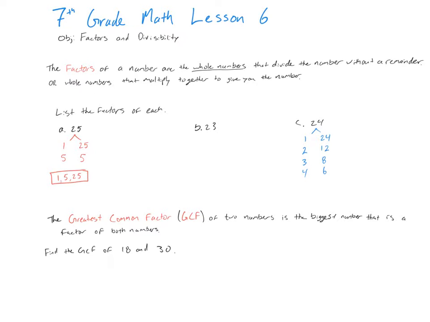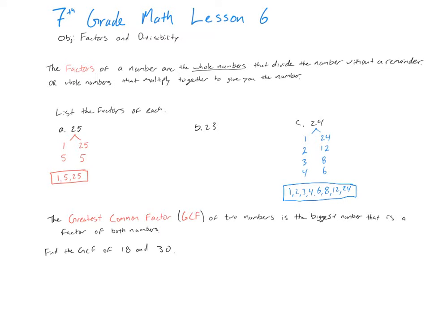So notice here, these numbers went up. I start at 1 and try all of them, and these numbers went down. And once they reach each other, the only number between here is 5. So this is going to be all of their factors. So if I want to write my answer now, I say 1, 2, 3, 4, 6, 8, 12, and 24.